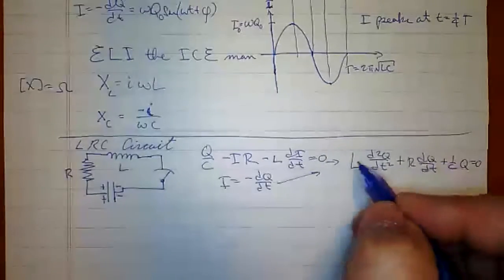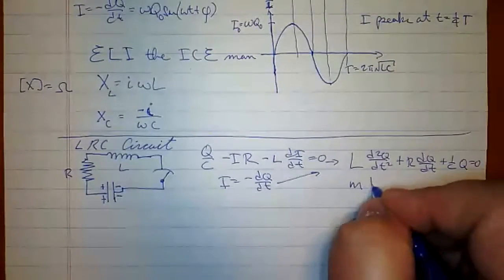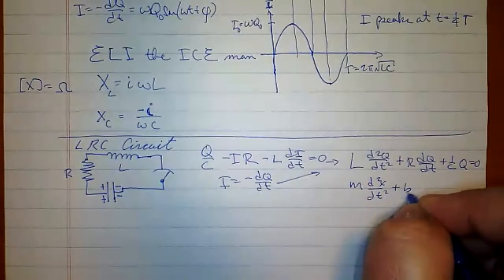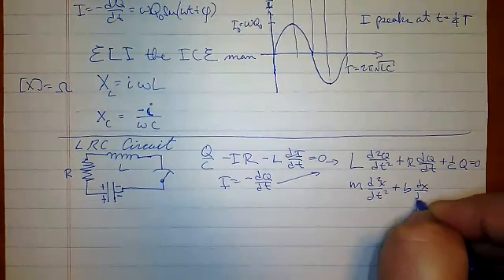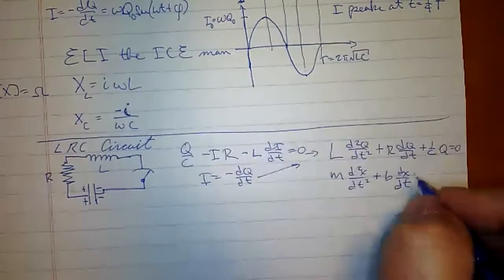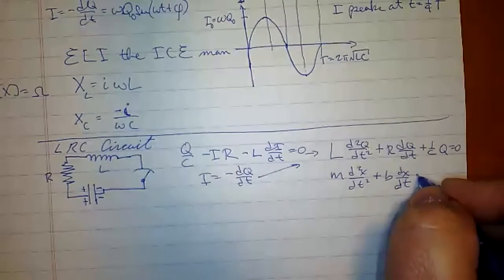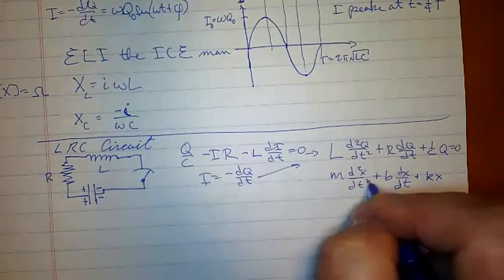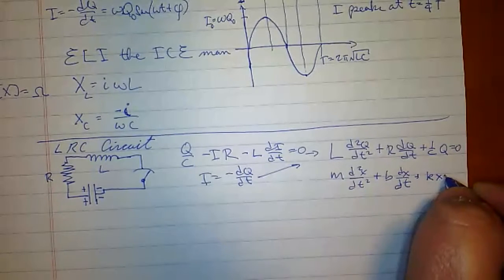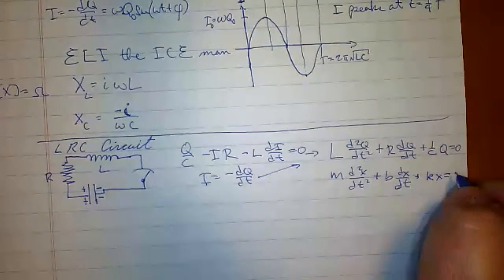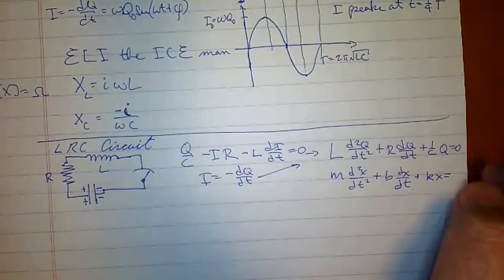We had here M d2x over dt squared plus B dx over dt, because that was the dampening due to air resistance, which is proportional to the velocity, plus k times x, which was basically on the other side, it would have been a negative kx, which is in fact, dang it, what's his law?